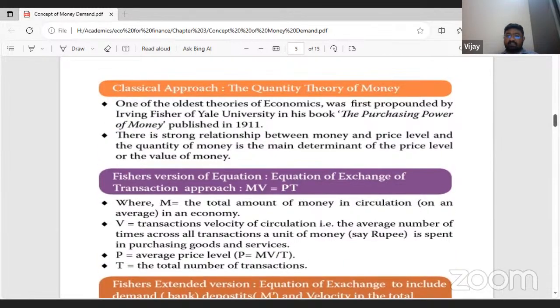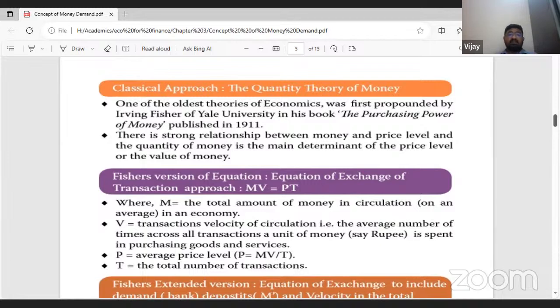We call it QTM, quantity theory of money. How much money is required is based on money in circulation and how many times it has been circulated. That is what we call the velocity of circulation.